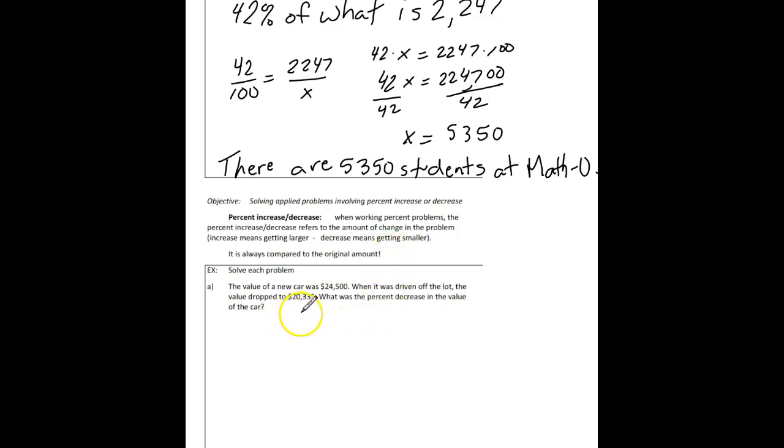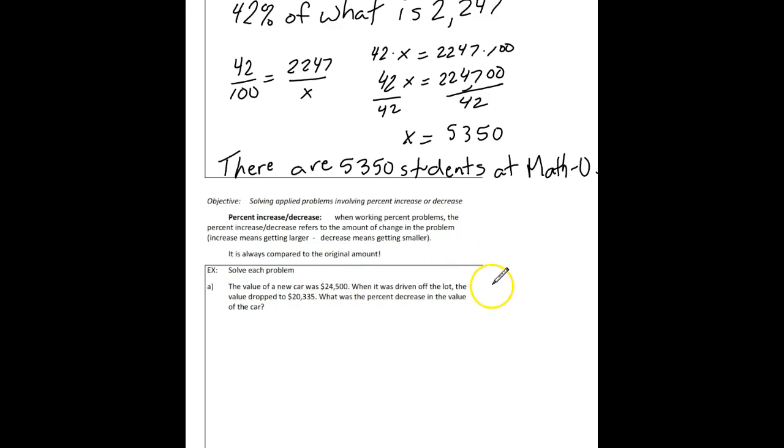The value of a new car was $24,500. When it is driven off the lot, the value dropped immediately to $20,335. What is the percent decrease in the value of the car? What I want to know is what percent this decreased amount is of the original amount.